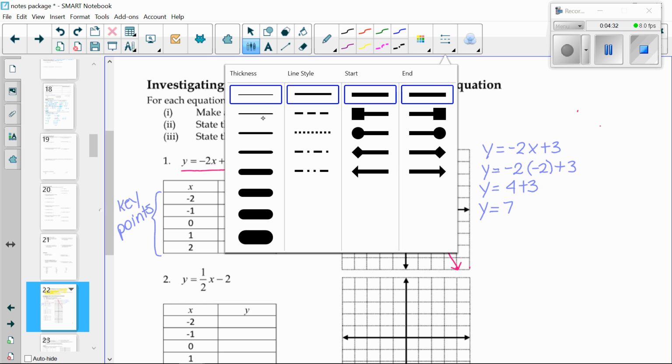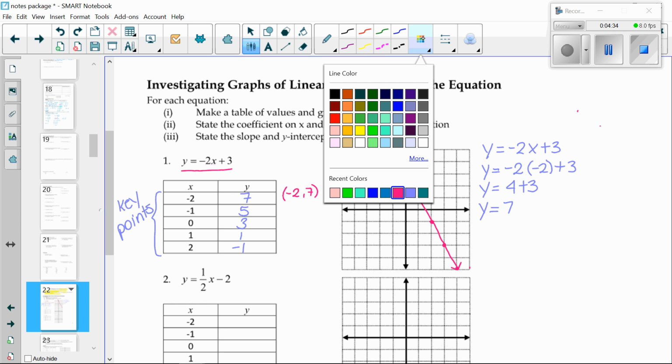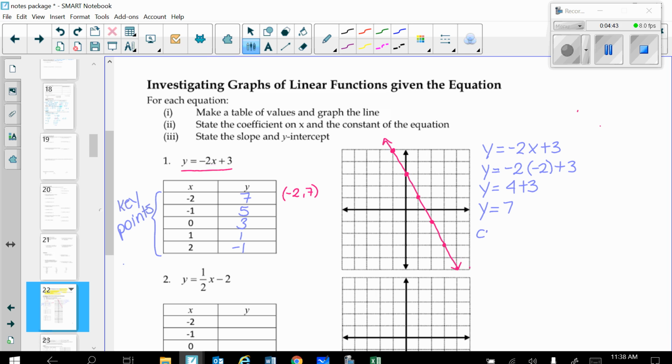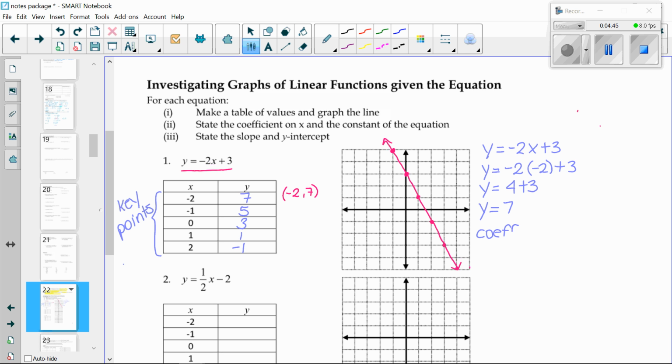So now let's state some values here. It wants us to state the coefficient on the x. So the coefficient is -2.